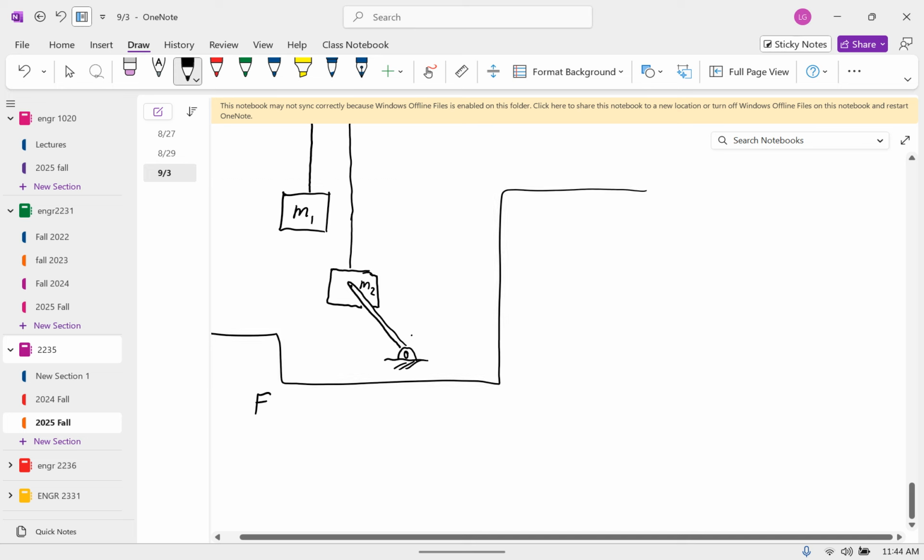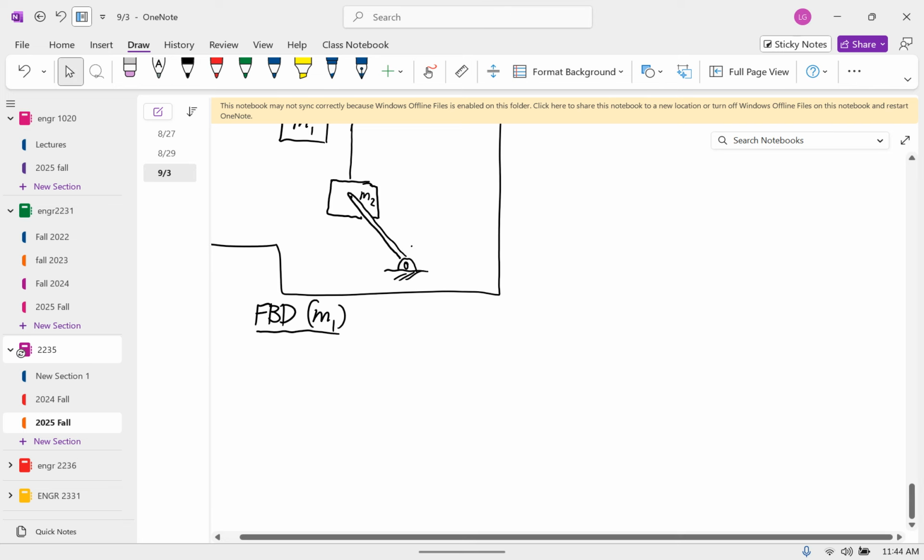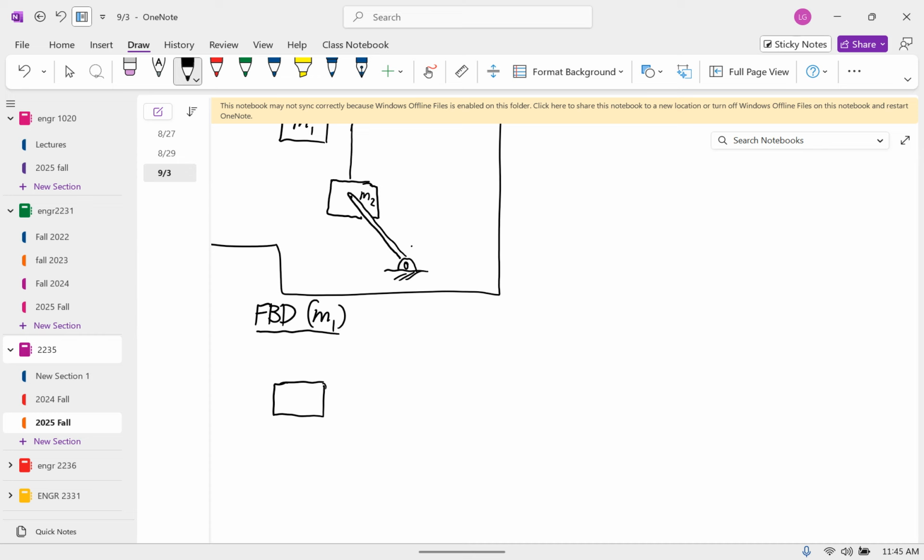So first, a free body diagram of M1. I'm going to draw the outline of the body. There's a weight force acting down of M1 times 9.81. I'll just write that as M1G.